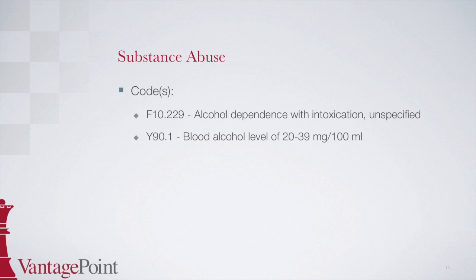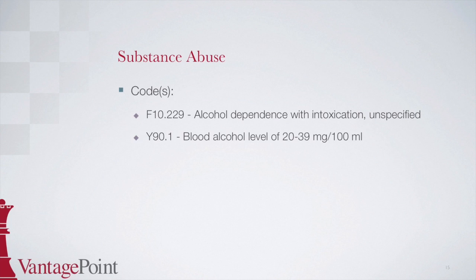However, if you didn't see this note, in order to code blood alcohol level, you would actually go to the index to external causes, which for the Optum 2015 ICD-10-CM Expert for Physicians starts on page 387. You would then look for blood alcohol level, which has a range of 20 to 39 milligrams per 100 milliliters indented below, pointing to code Y90, which you would then confirm in the tabular.